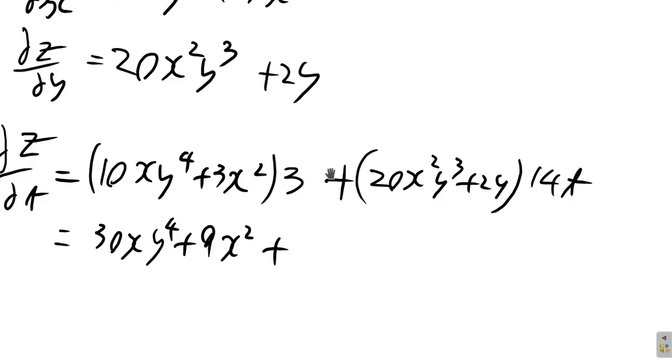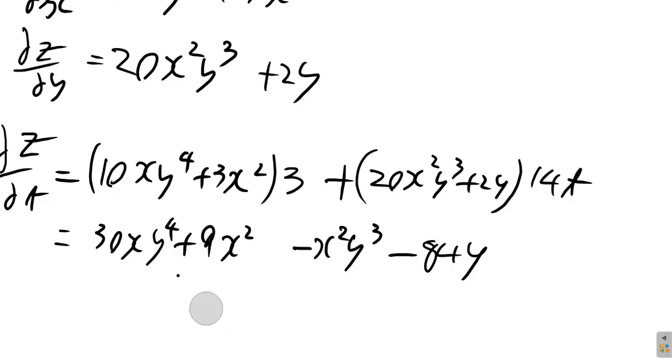Right, you have negative 3, so it's negative 42 multiplied by 20, which is negative 840 x squared y cubed, minus, and then negative 42 times 2 is negative 84, so minus 84y.